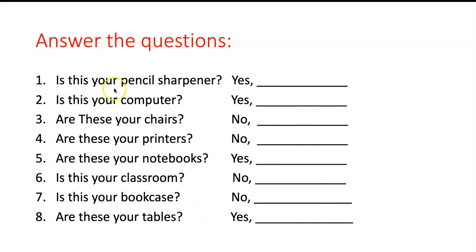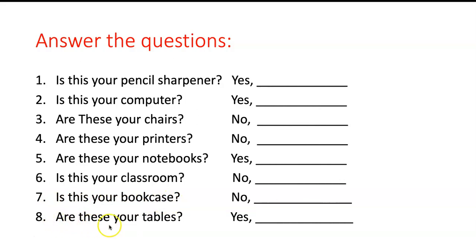Number 1, is this your pencil sharpener? Number 2, is this your computer? Number 3, are these your chairs? Number 4, are these your printers? Number 5, are these your notebooks? Number 6, is this your classroom? Number 7, is this your bookcase?